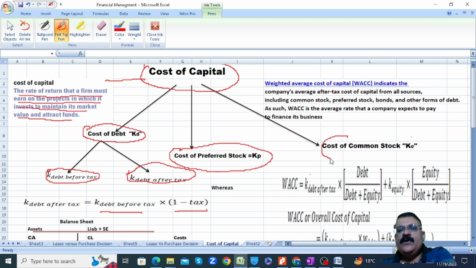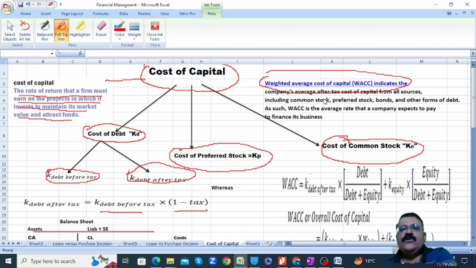And cost of common stock is that required rate of return which is required on common stock. So we compute an average, and that average is called weighted average cost of capital.